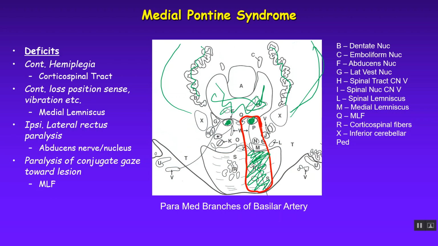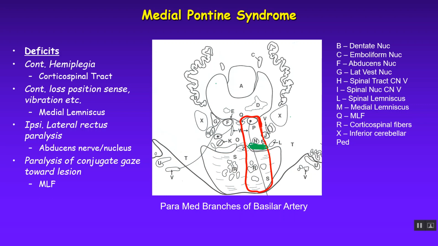It's also going to cause contralateral loss of position sense and vibration, conscious proprioception, okay? Because you've also impacted, let me erase some of the distracting lines here, in this lower part of the pons, the medial lemniscus is still in this arrangement of medial to lateral.